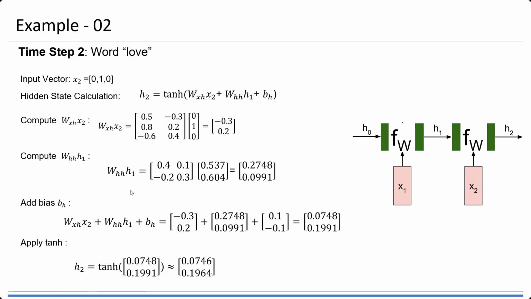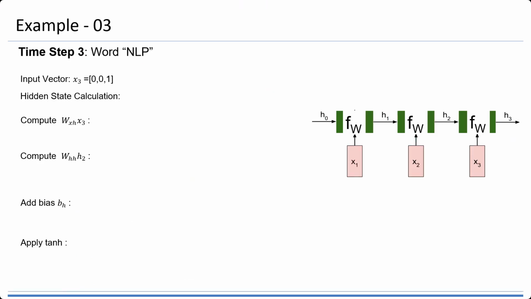Next, because we still have one word, which is the NLP, then we use the input vector, which is 0, 0, 1. Again, we calculate to get the h3, and we use the same tangent function, and this is the formula.